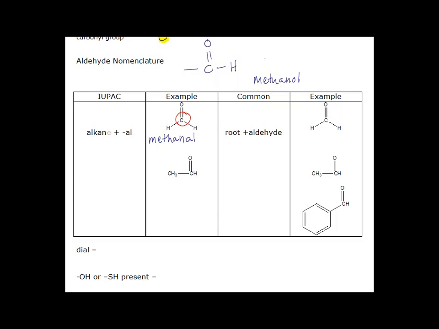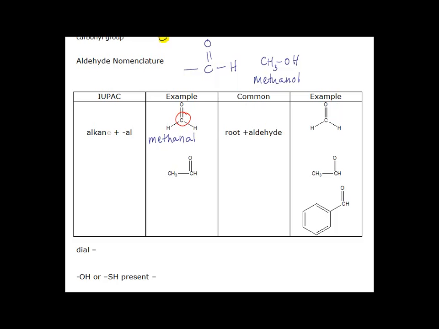So methanol is a one-carbon alcohol. So methanol and methanal, even though their name is only different by one letter, they do have significantly different structures, especially when you talk about their reactivity, which we'll learn about a little later on. So make sure that your handwriting is very clear and neat.